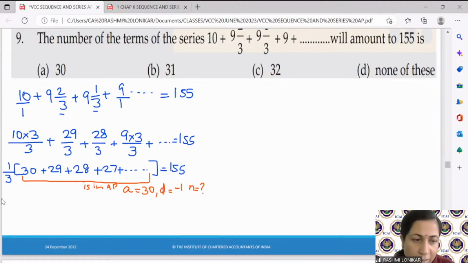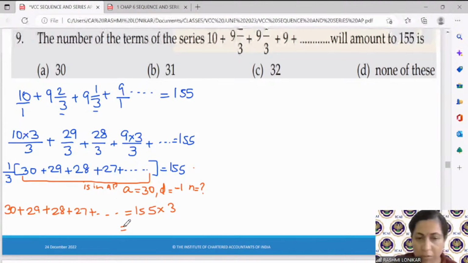So 30 plus 29 plus 28 plus 27 plus so on is equal to 155 into 3, because 1/3 of this addition is 155. So this addition will be 155 into 3, which is 465.